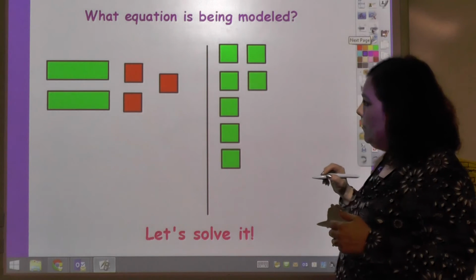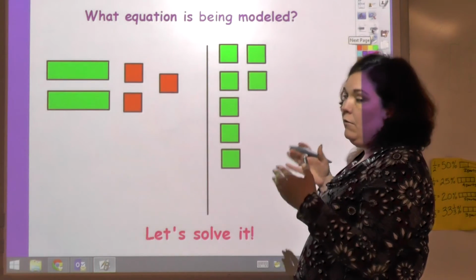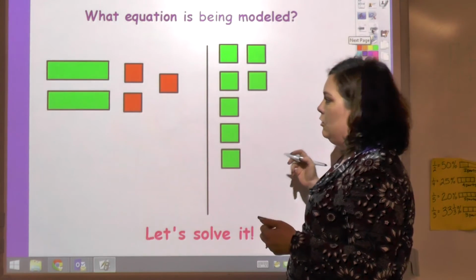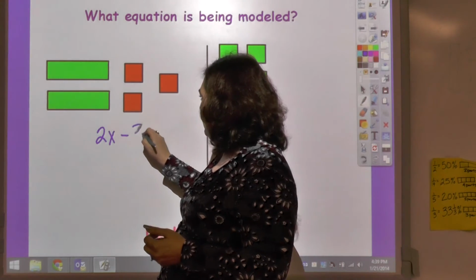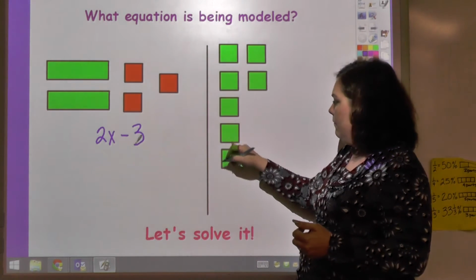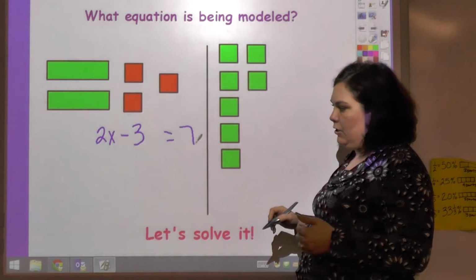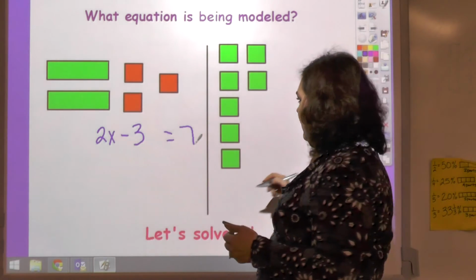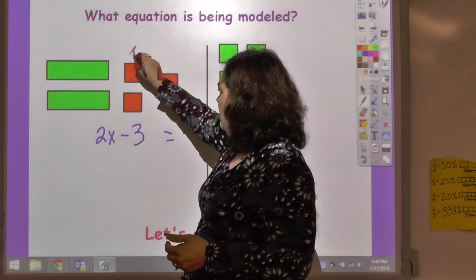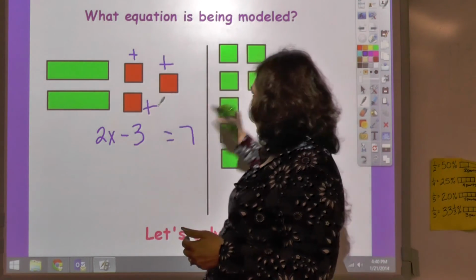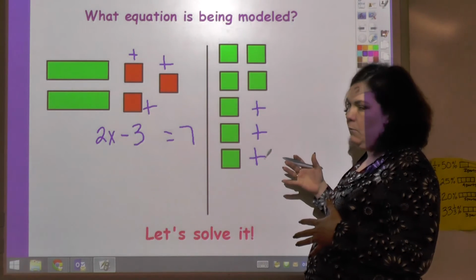Okay, so now you want to be given the model, and you need to say what equation it's showing. So this is just 2x minus 3 equals 1, 2, 3, 4, 5, 6, 7 equals 7. That's the equation. So to solve it, I'm going to add 3 to this side and add 3 to this side. And now I have 2x equals 10.